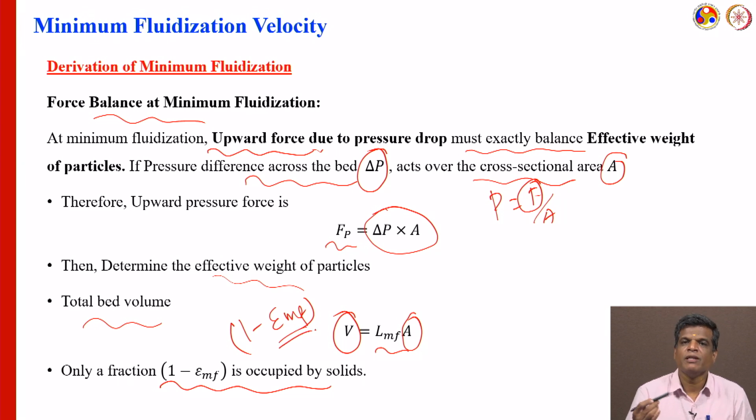Since we are talking about minimum fluidization, we write mf everywhere. So here also LMF, the minimum fluidization length, into area.